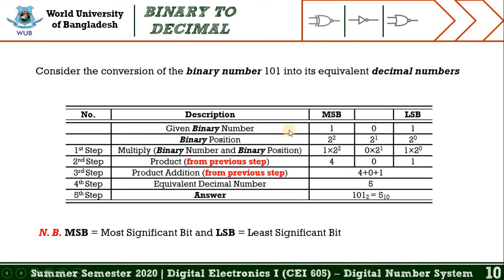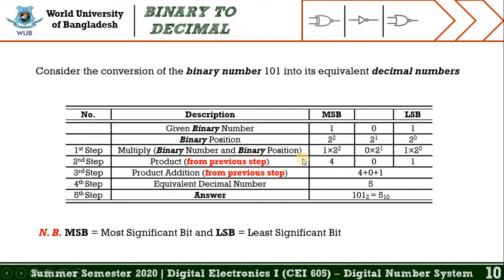We already know the positional notation from the previous slide, so we don't have any problem with this. Since this is a binary number, the base will be 2, and the positions from right to left are 2 to the power 0, 2 to the power 1, and 2 to the power 2.